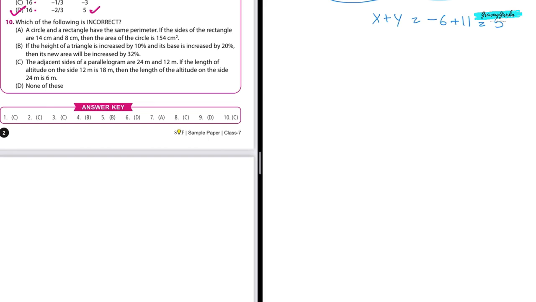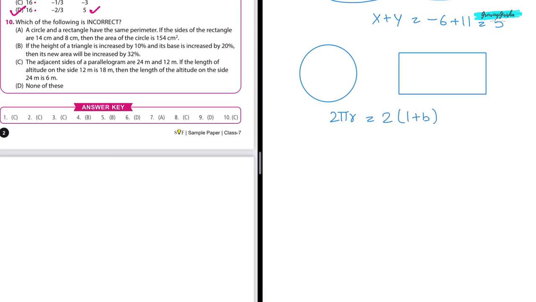Question 10. Which of the following is incorrect? A. A circle and a rectangle have the same perimeter. Means 2 pi r is equal to 2 bracket length plus breadth. If the sides of the rectangle are 14 centimeter and 8 centimeter respectively, then the area of the circle is 154 centimeter square.